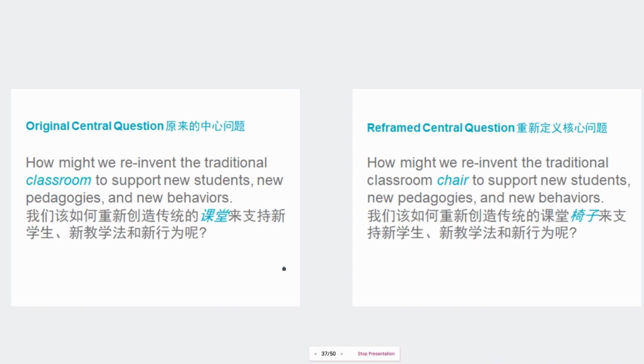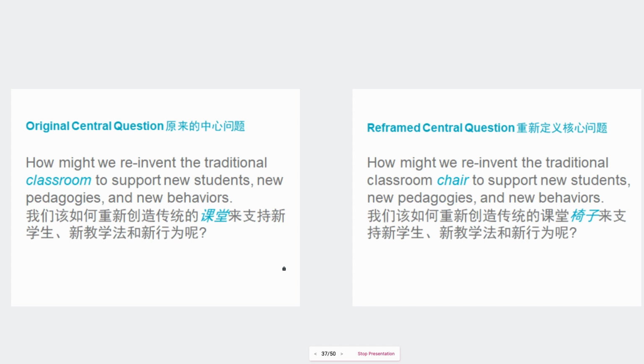Well, all of a sudden you're not focusing on the entire classroom, you're focusing on one object. So the focus of the project would be much more centralized. Instead of wasting all the other time exploring other ideas that you might not be able to implement, you are exploring a specific object that you can definitely implement. I mean, there's also reality consideration in this.